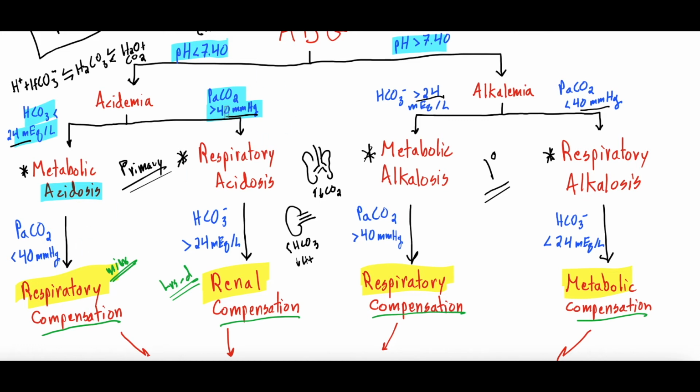So we know that high CO2 is acidotic, low CO2 is alkalotic. So if there's a metabolic acidosis, having a lower CO2 means that those lungs are trying to make the blood more alkalotic, more basic, less acidotic. So there's an appropriate respiratory compensation. All right. Same thing over here.